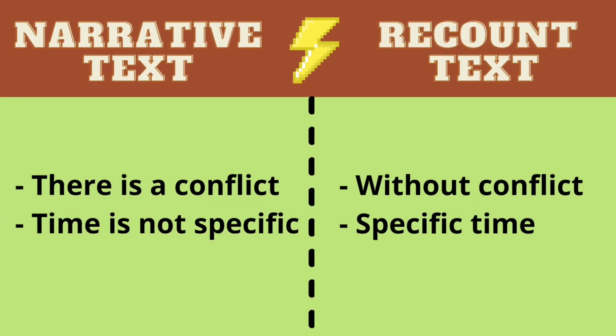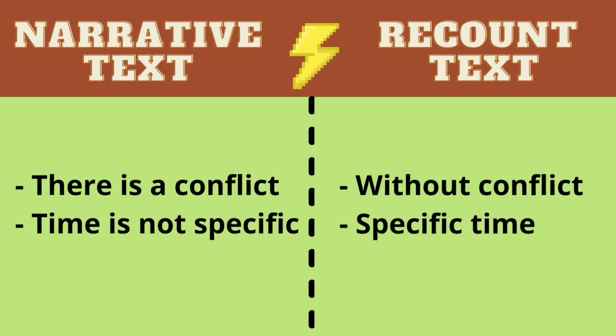The obvious differences between these two texts are conflict and time. In the narrative text, the conflict is explained in detail, but the time of the event is not specific. So, most of them use time captions such as once upon a time.